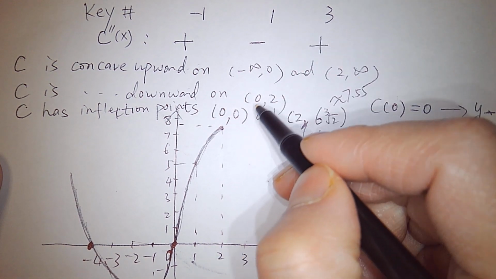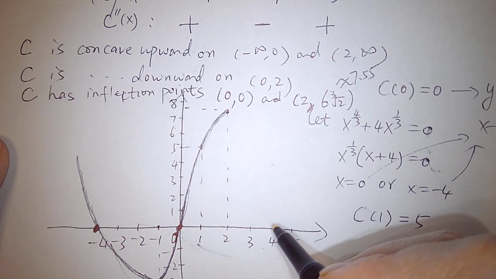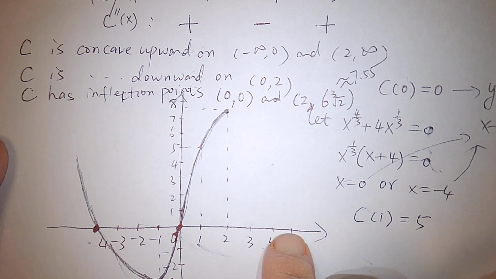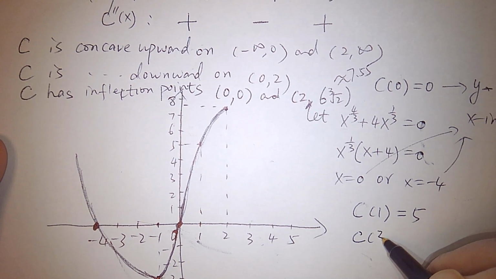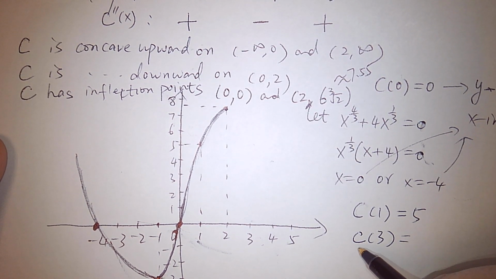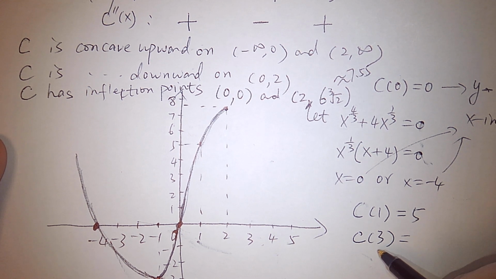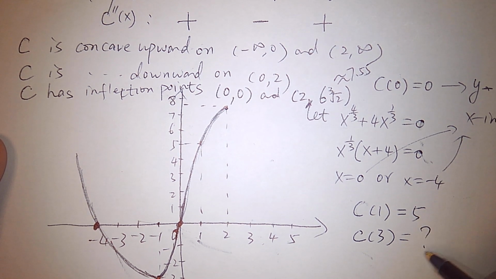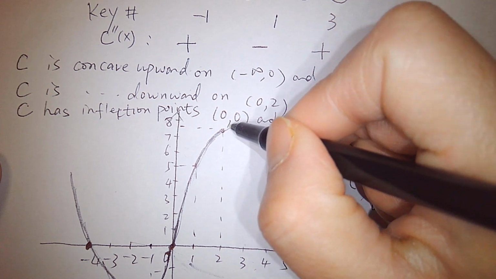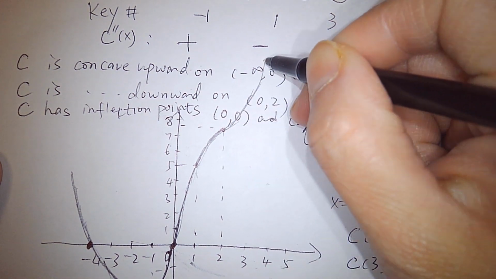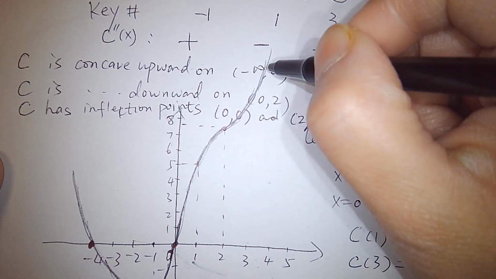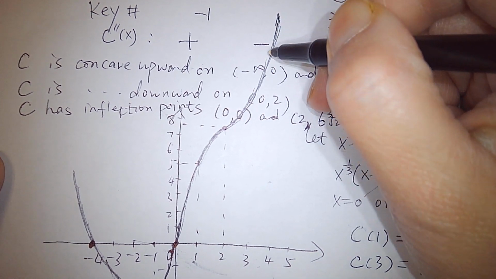We should have a graph that looks like this. Or you can try more key values to check. You can do c of 3, replace x with 3 and find c. I don't know what value it is, but I know the tendency of the graph: it's going to be concave upward and increasing.